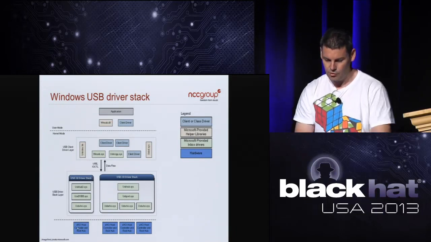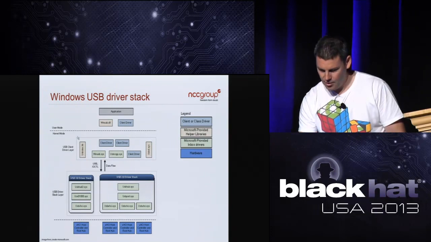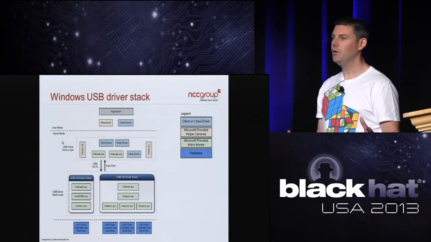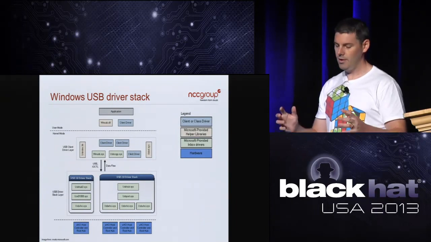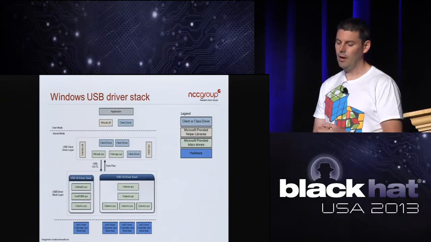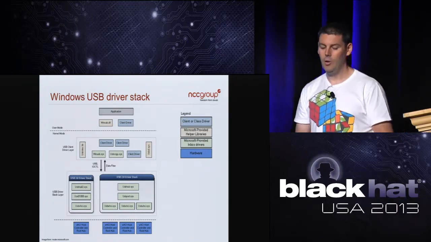the extensible host controller interface. You'll notice a split between user mode and kernel mode. Traditionally, a lot of the driver components for the USB host stack are within kernel mode.